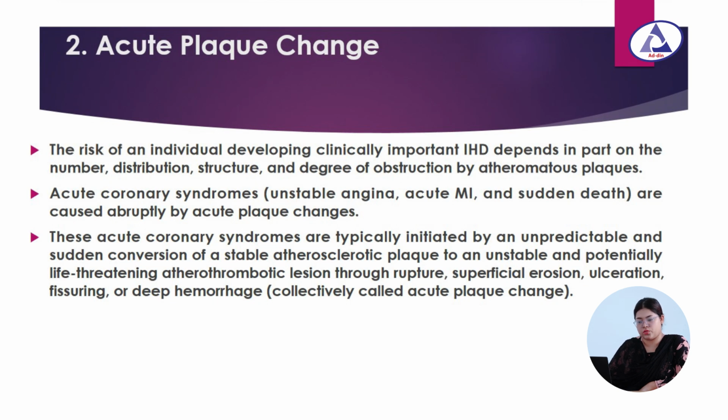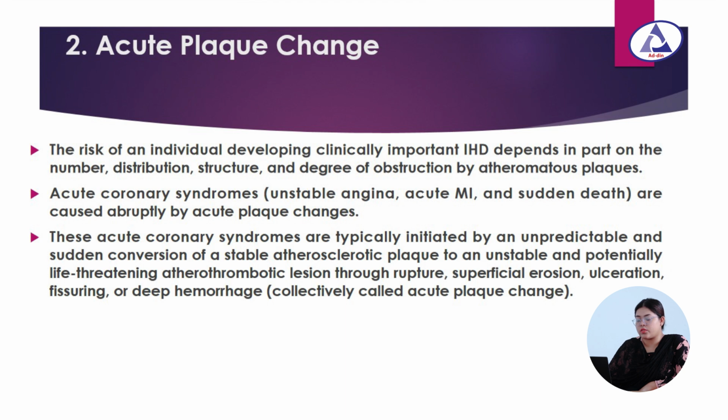Then what is acute plaque change? The risk of an individual developing clinically important ischemic heart disease depends in part on the number, distribution, structure, and degree of obstruction by atherosclerotic plaques. Acute coronary syndromes, which are unstable angina, acute MI, and sudden cardiac death, are caused abruptly by acute plaque changes.